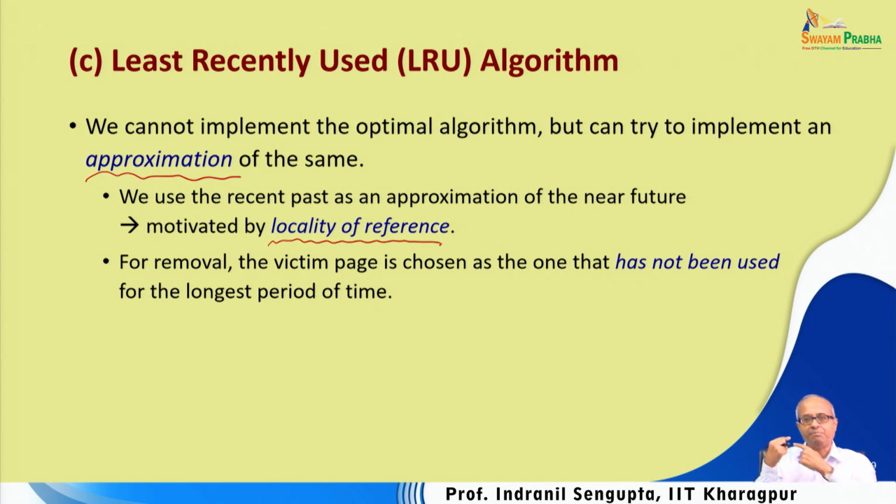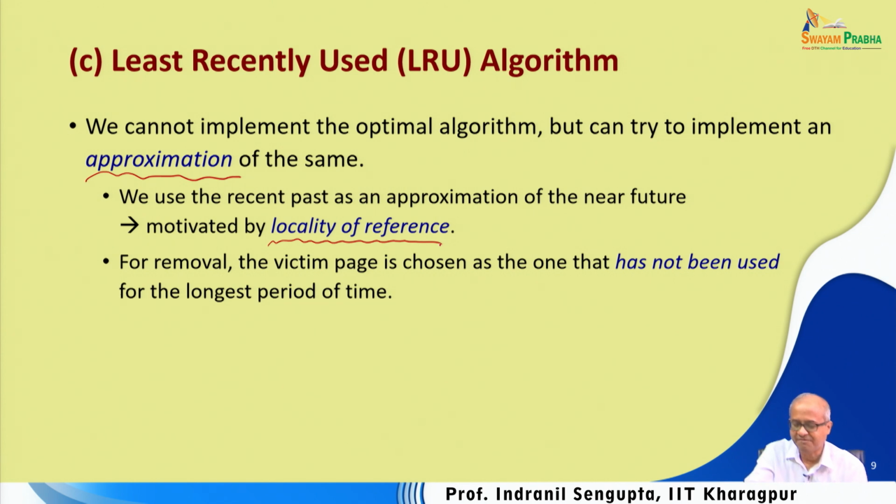What happened in the near past, that is your locality, and locality of reference says that those kinds of accesses will again happen in the near future. So, you are predicting the future based on that locality, right. So, for the optimal algorithm we were choosing the victim page as the one which will be used furthest down in the future, but for LRU we are looking at the past.